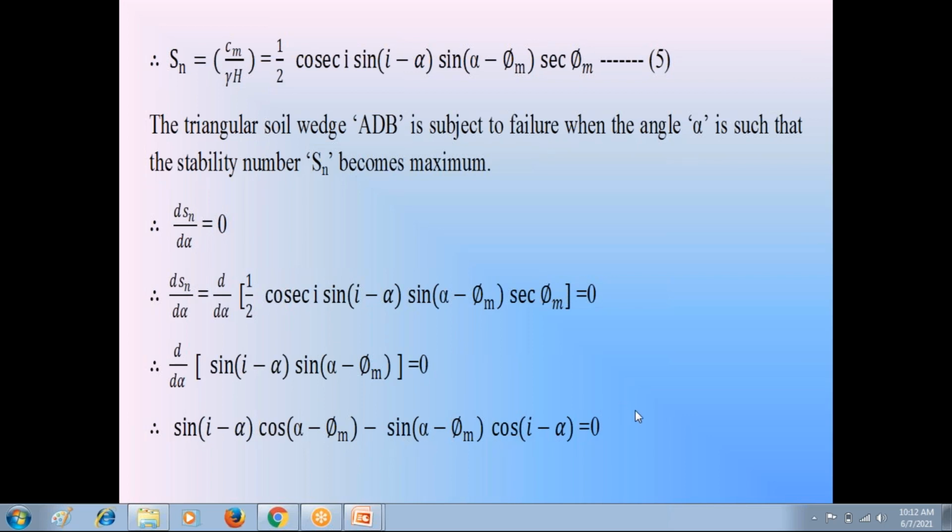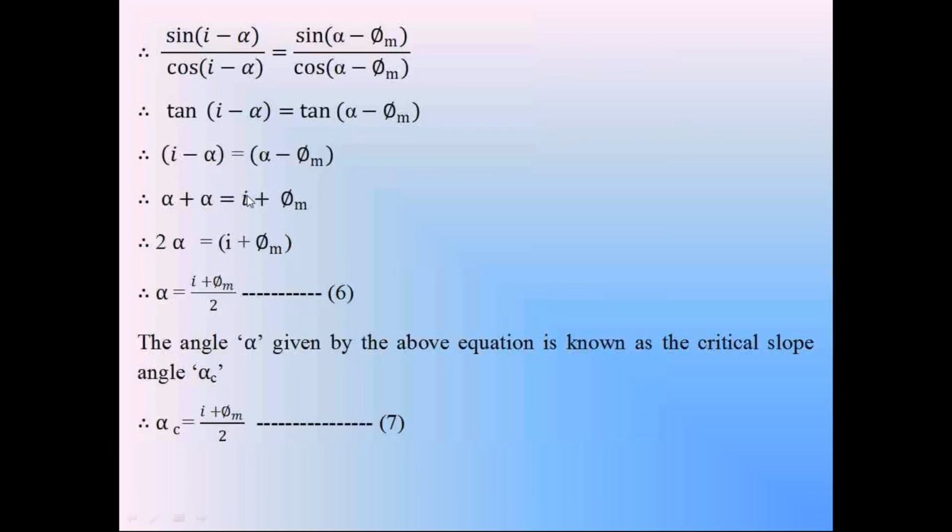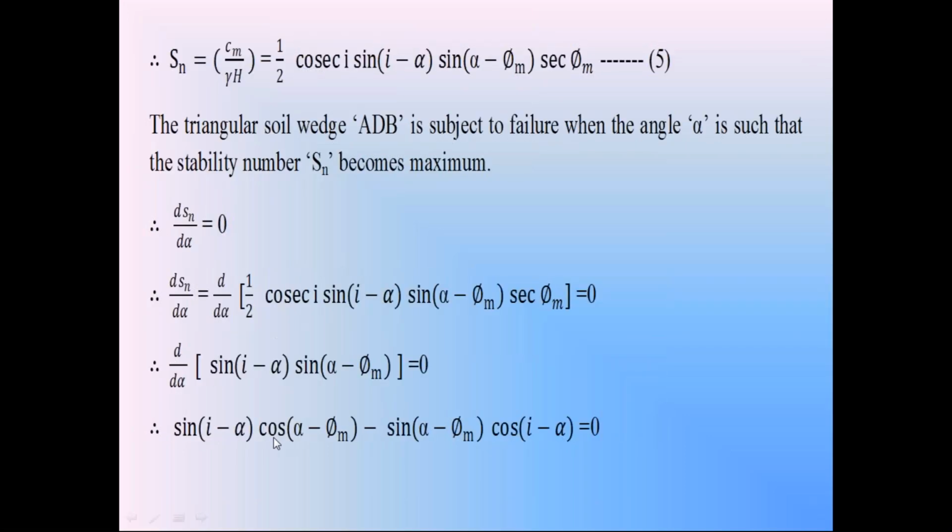Take the second term to the right side. So this equation becomes sin(I minus alpha) into cos(alpha minus phi m) is equal to sin(alpha minus phi m) into cos(I minus alpha).